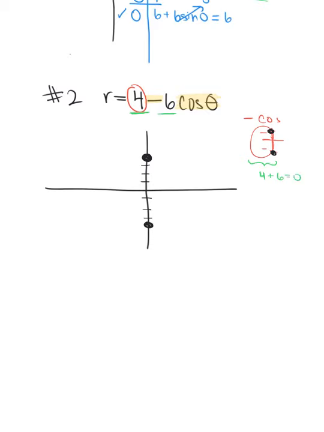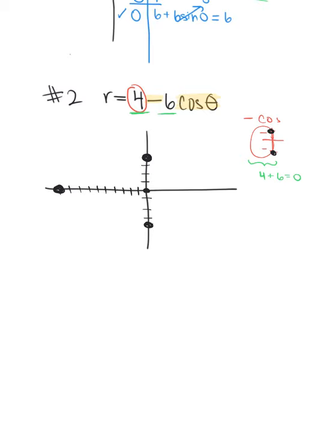So 4 plus 6 is 10. So I'm going to count out 10 towards the left. And there is my outer diameter. And of course, I'll always go through the pole as well. Or not always, but for the cardioids, limacons and petals that I'm working on.